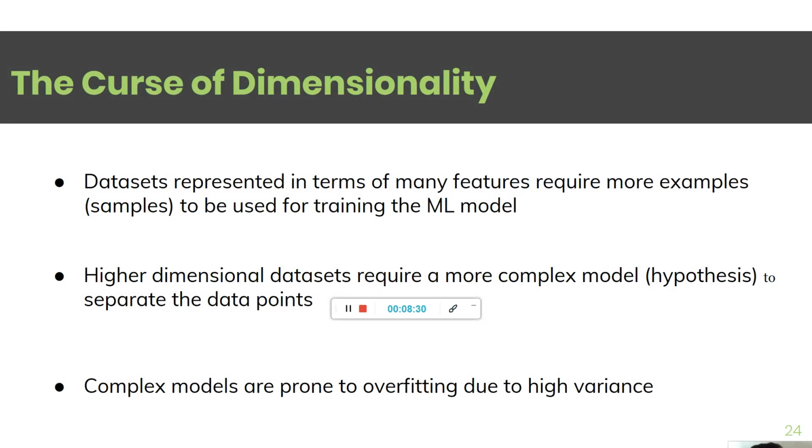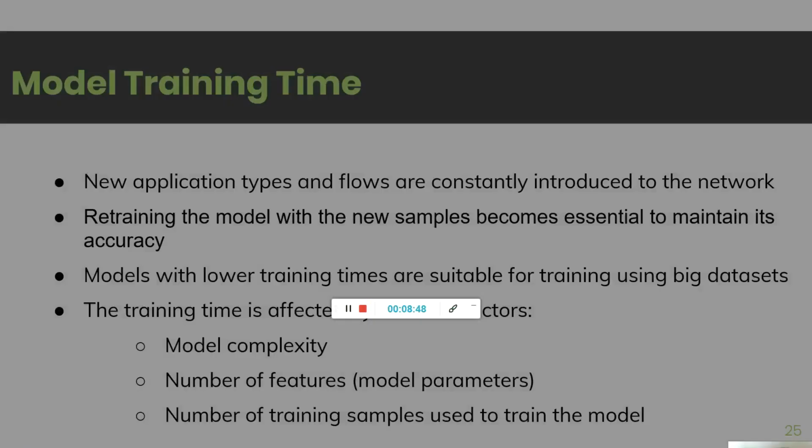Higher dimensional datasets would require a more complex hypothesis or a more complex model to separate them in that high dimensional space. But complex models generate hypotheses that tend to overfit the data and show poor generalization performance.